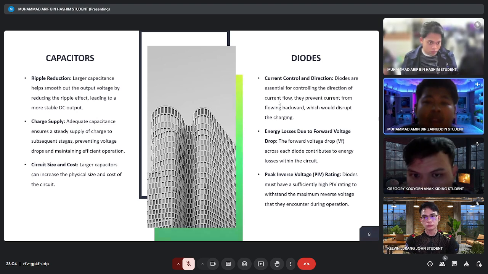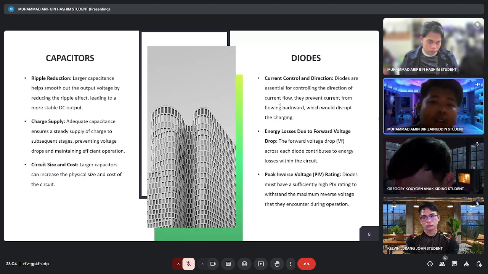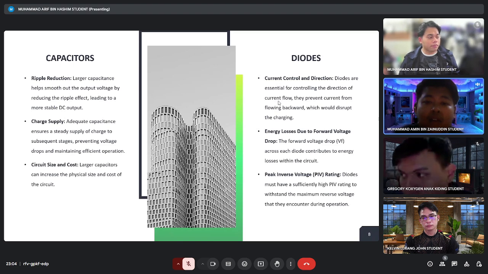And then the second component of this project is the diode. As you know, diodes are essential for controlling the direction of current flow. We want to prevent flowing backward, as it disrupts the charging.